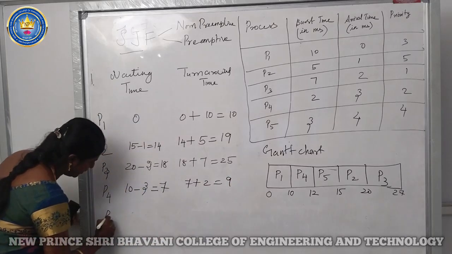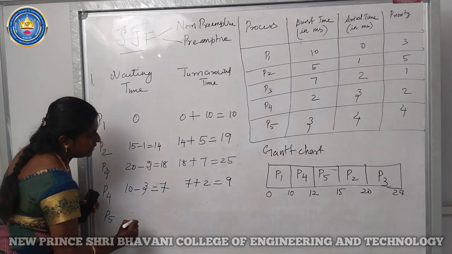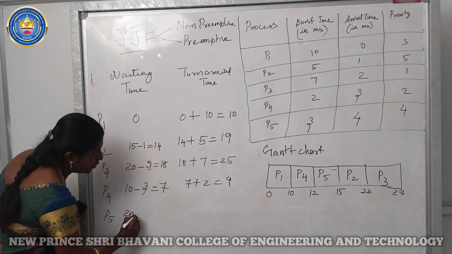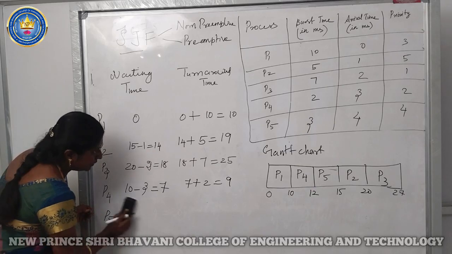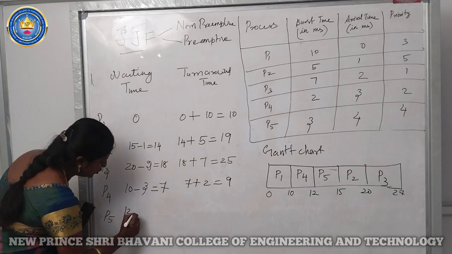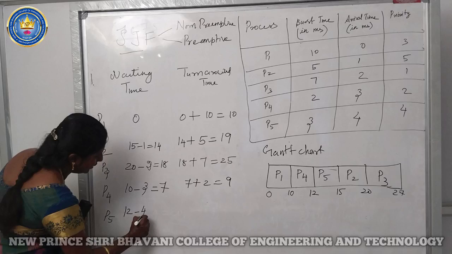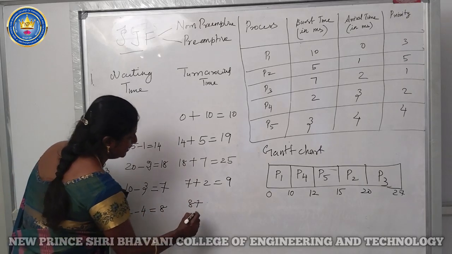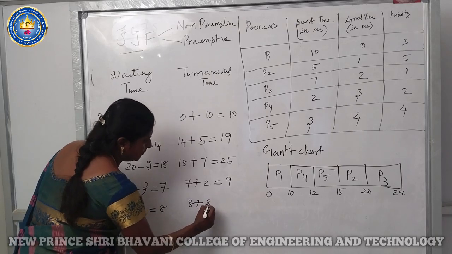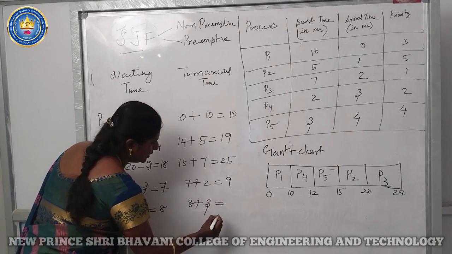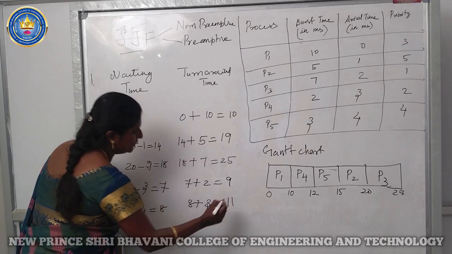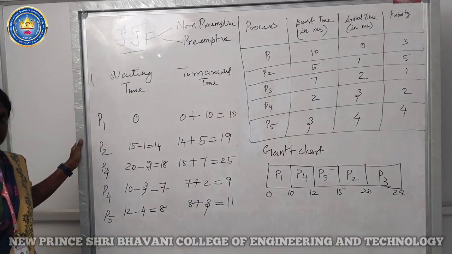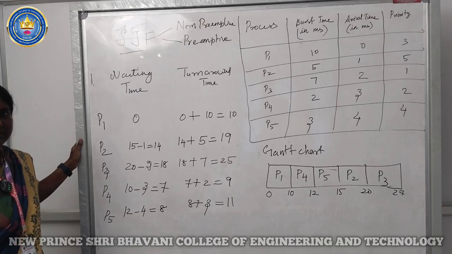And then for process P5, we allocated the CPU at the time of 12, minus 4, here 8. Plus the burst time 3, so turnaround time is 11. According to this we schedule the shortest job first scheduling process. Thank you.